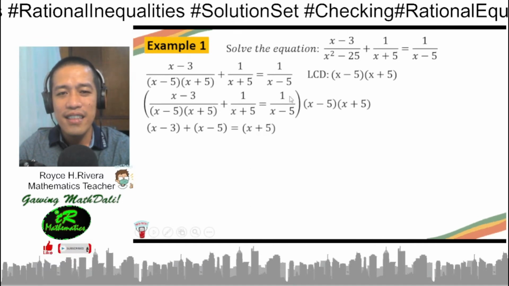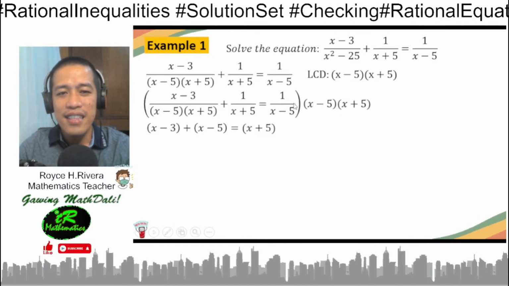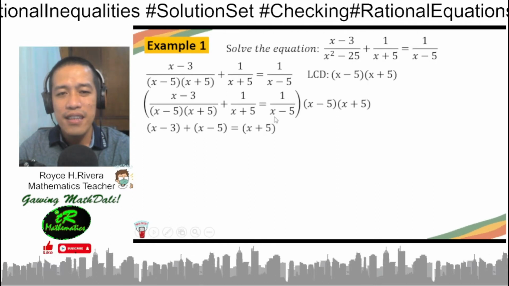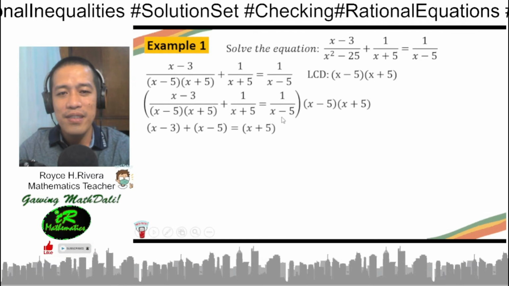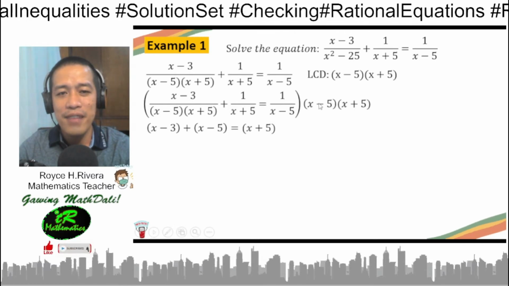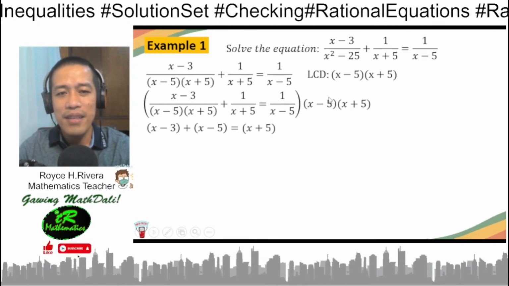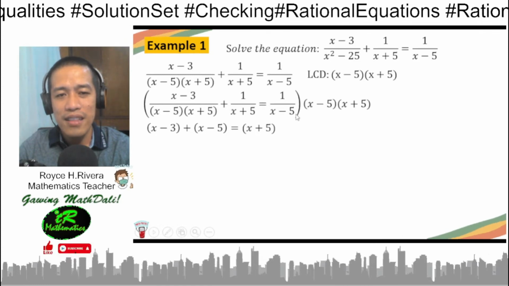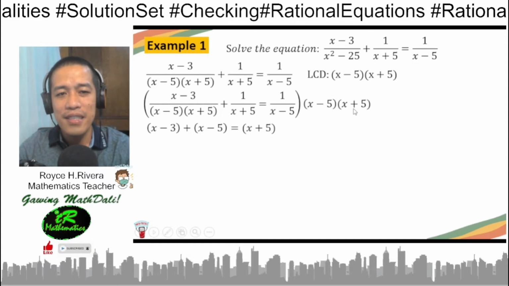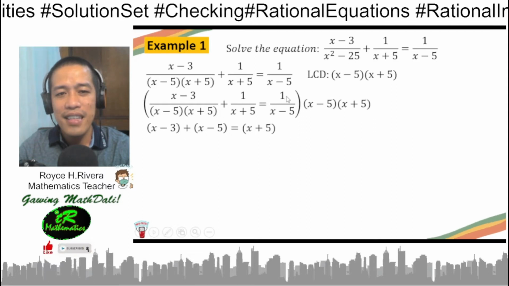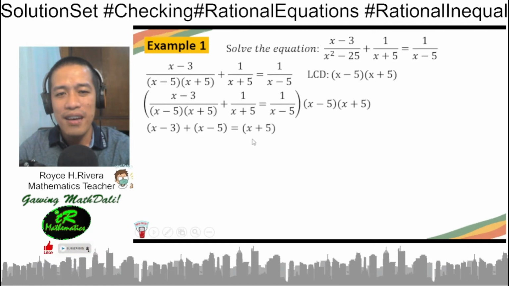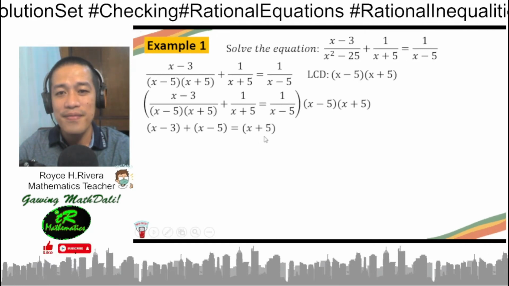And last, the LCD multiplied by 1 over x minus 5, the denominator x minus 5 and x minus 5 in the LCD will be reduced to lowest term, and that is equal to 1 times x plus 5 times 1 in the numerator. We will have x plus 5.